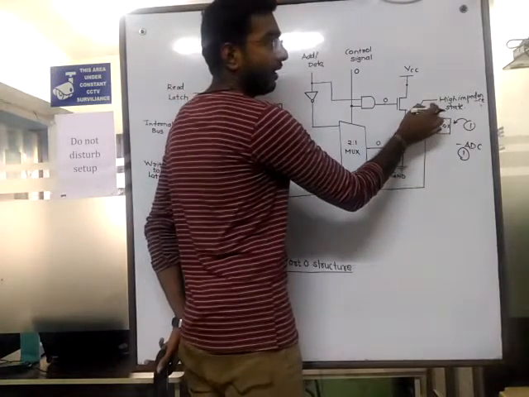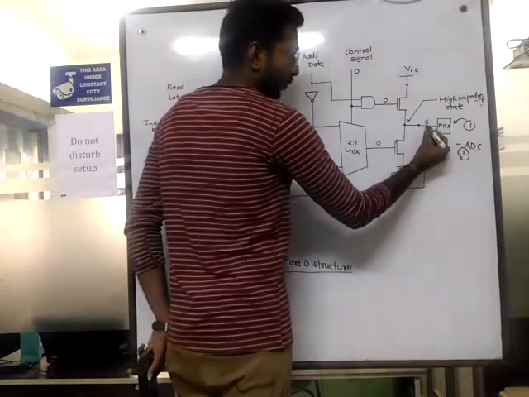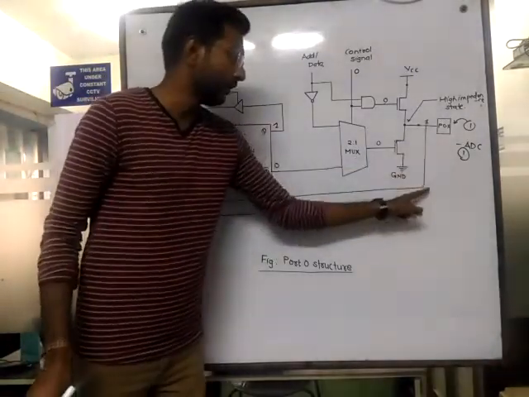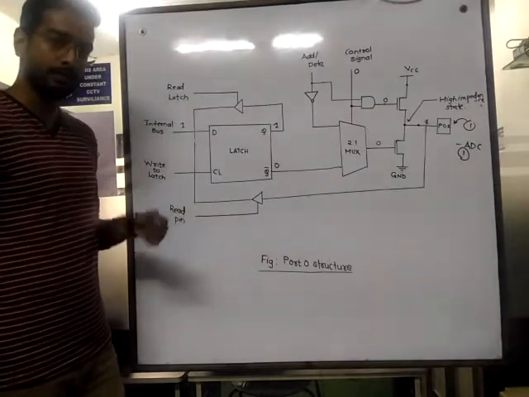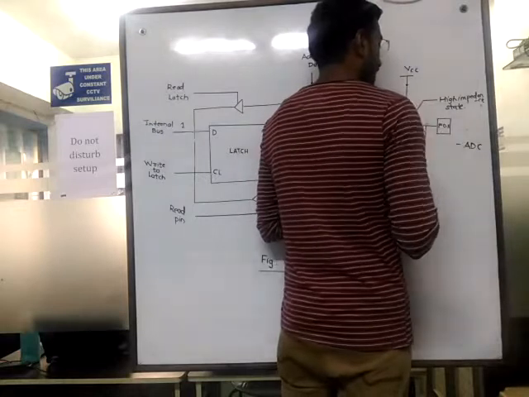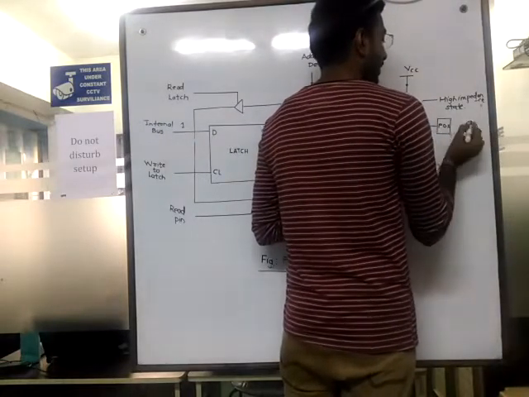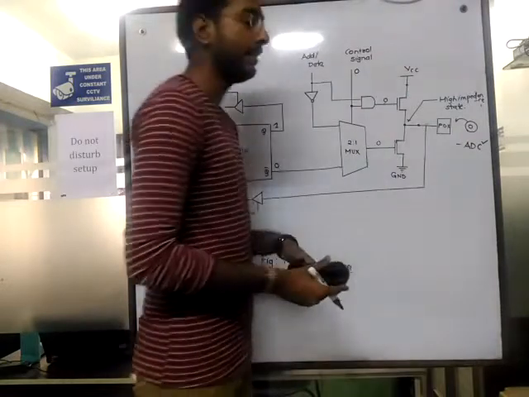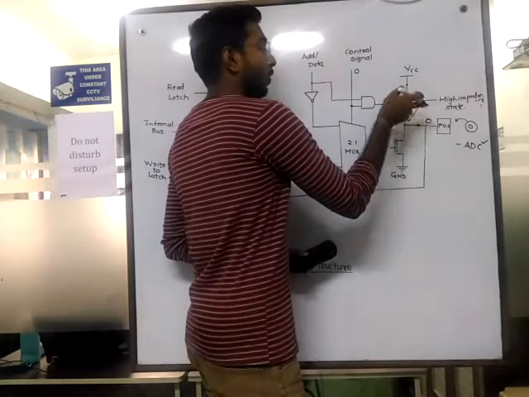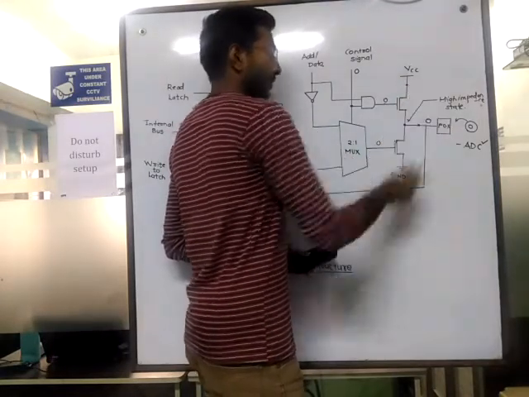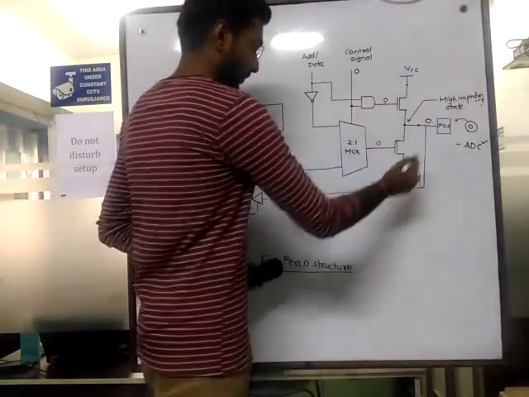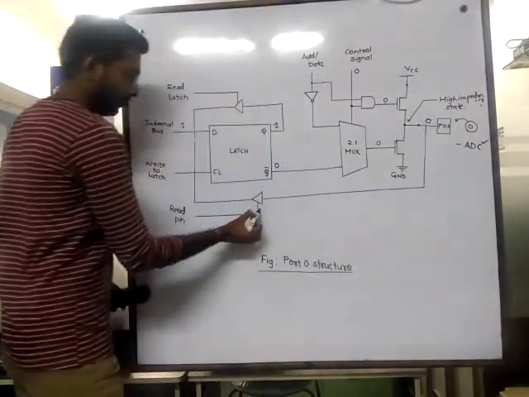This one will get read from here. Okay, this 1 we can read from this buffer. And if we want to take 0 from this ADC, what will it do? This 0 state will override this high impedance state. That 0 state will dominate the high impedance state, and this 0 we will get here.